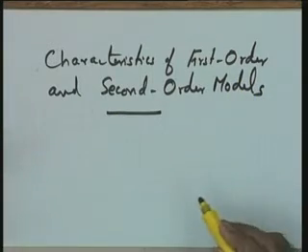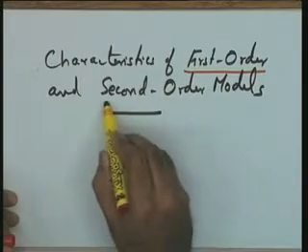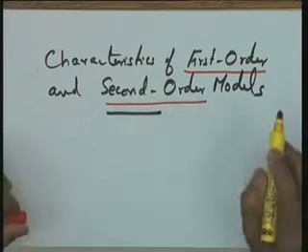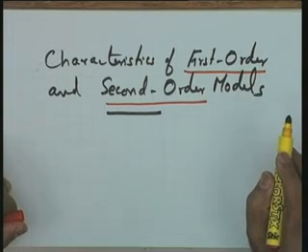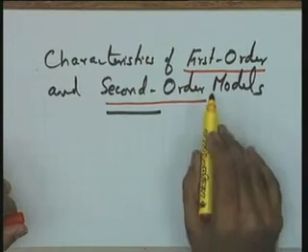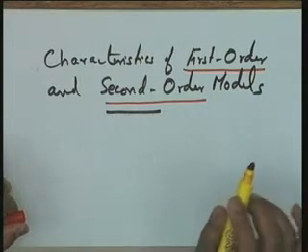You may ask why, out of nth order models where n can vary from 0 to any number, first and second order models have been taken out for a specific study. The reason being, the systems we are going to come across can appropriately be modeled in terms of first order and second order terms.